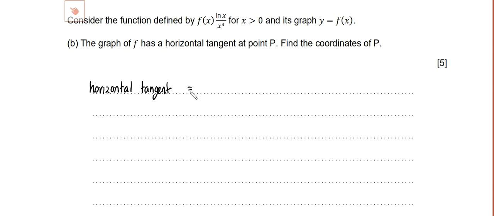What equals 0? Gradient equals 0. Okay, so we know that dy/dx equals 0. That's the important thing. A horizontal tangent means a straight line, and a graph does that, whether approached from below or from above.